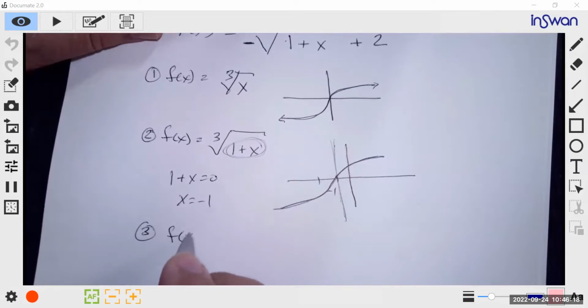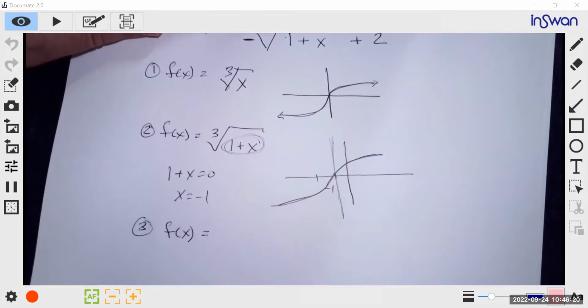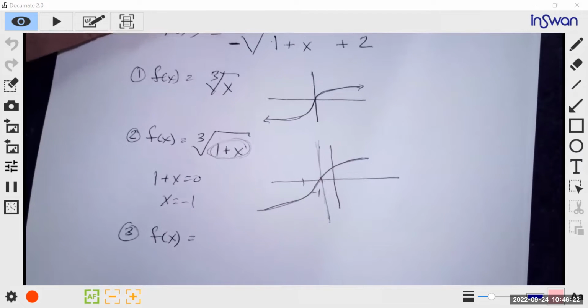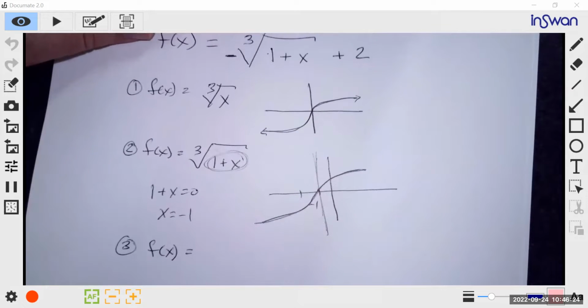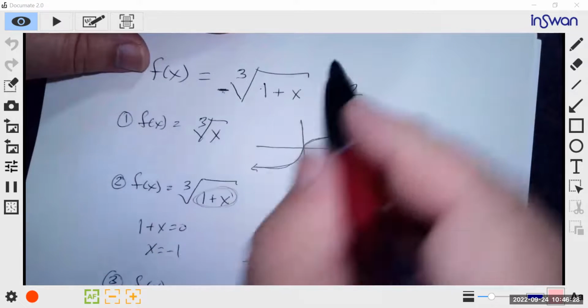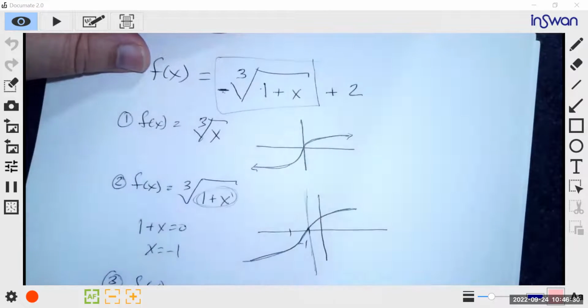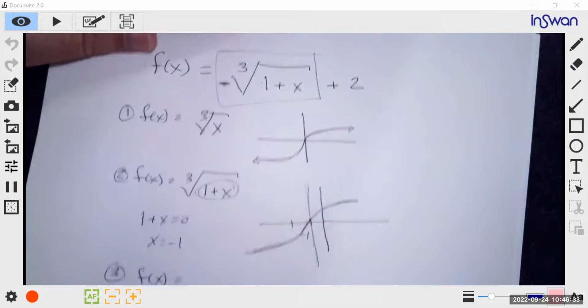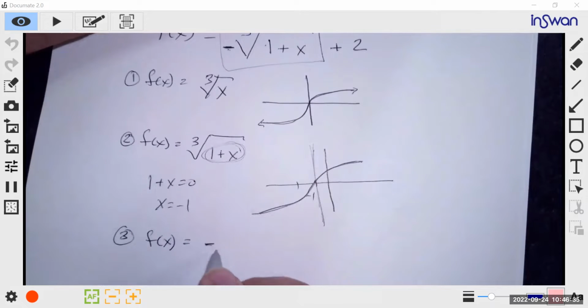What's next on our decomposition of the function? The +2? Nope, we have a negative. We can't do +2 until we finish everything on that function. So we have a negative in front of the cube root.